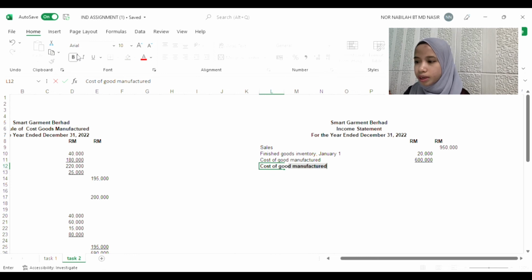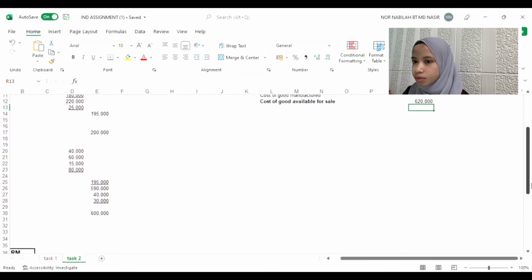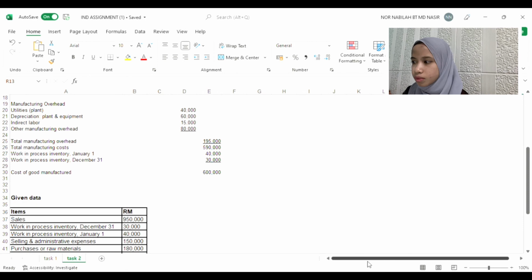Then we calculate the total of finished goods inventory January 1 and cost of goods manufactured. So we get cost of goods available for sale. We add 20,000 plus 600,000.